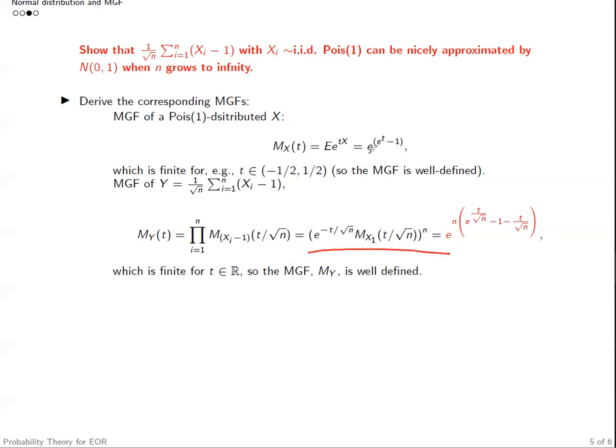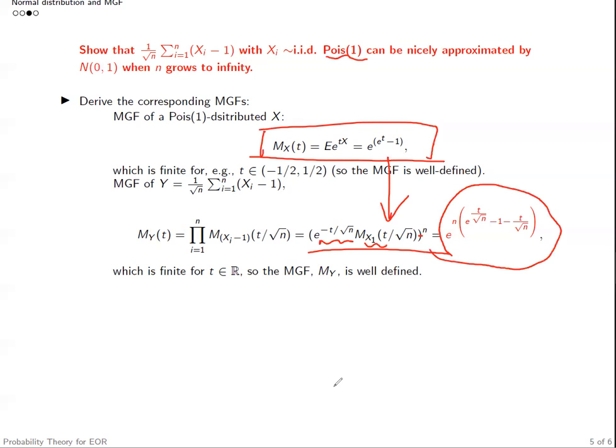Now let's plug in the formula we derived in the first step, because x1 also follows a Poisson distribution with arrival rate 1. We plug in the moment generating function evaluated at t over square root n, then multiply by e to the power minus t over square root n, and altogether to the power n. This is the final result we have.